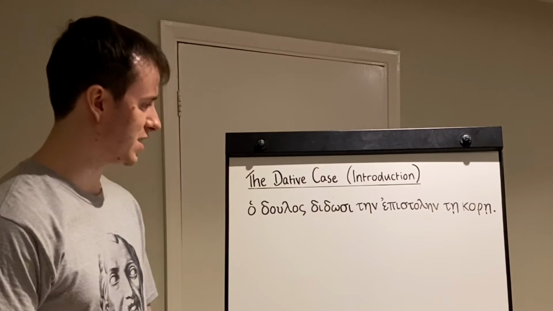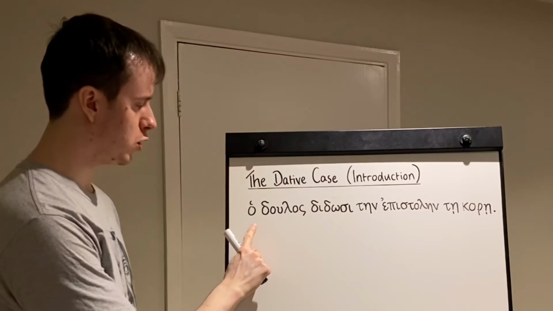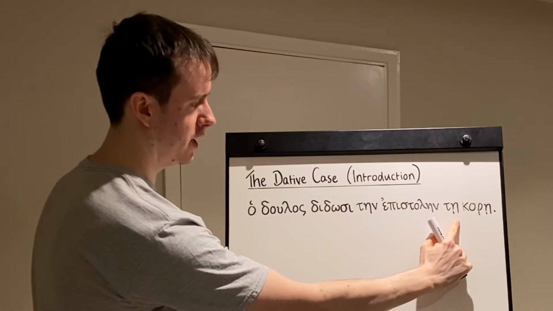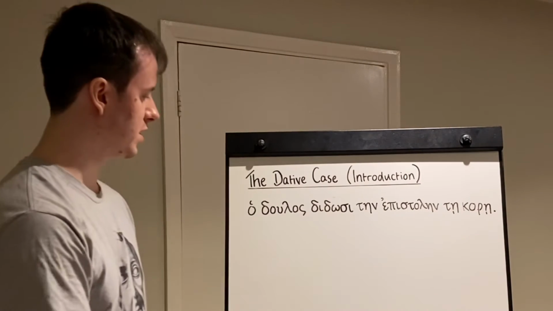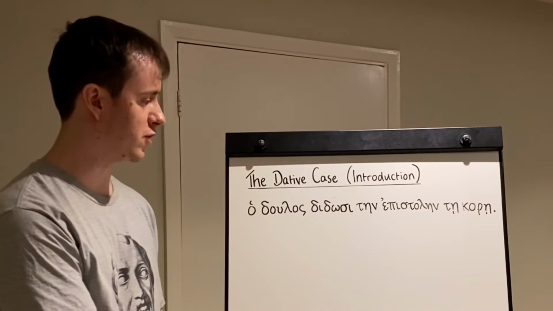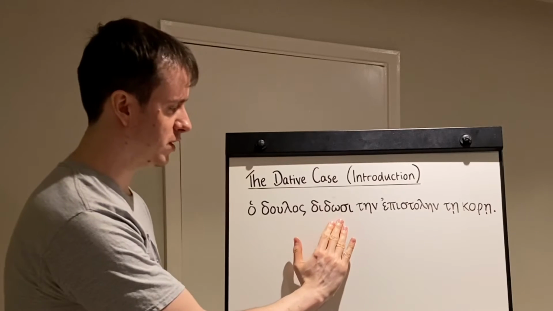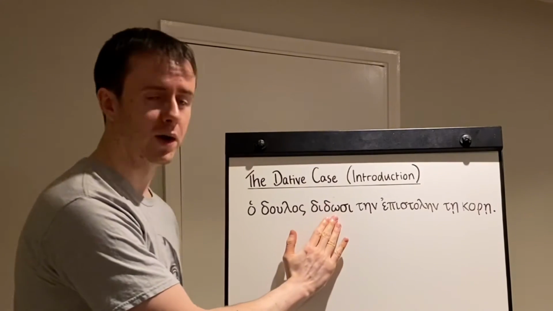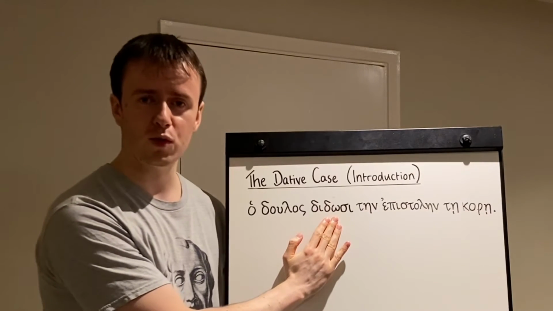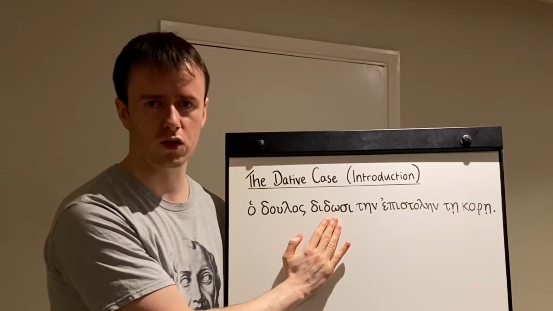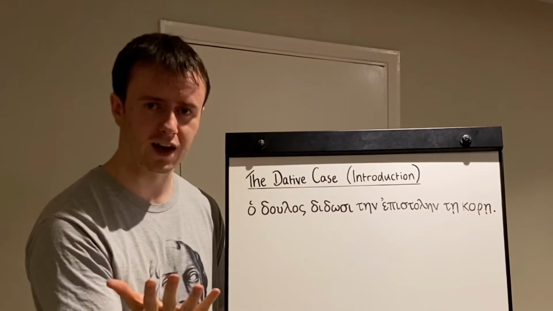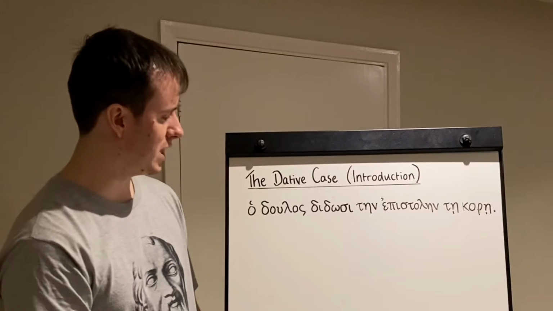Okay, let's look at a second example now. And our second example is the sentence ho doulos didōsi tēn epistolēn tēi korēi. Once again, we know the slave's the subject from the definite article, so he must be doing the action. And then we've got didōsi. We know that's the third person singular of didomi in the present indicative active. So didōsi means he, she, or it gives or is giving, but we have the subject, ho doulos, so we know who exactly is doing the giving, namely the slave.